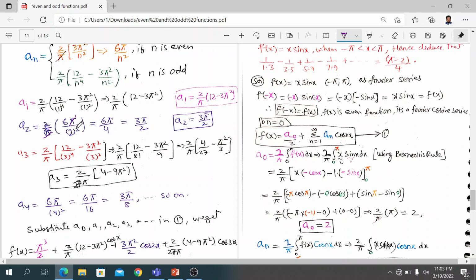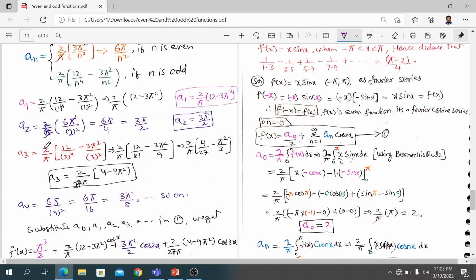So this 2 cancels and this 2 cancels. So it means 3 by 2. Now the a2 value is 3 pi by 2, so the answer is 3 pi by 2.